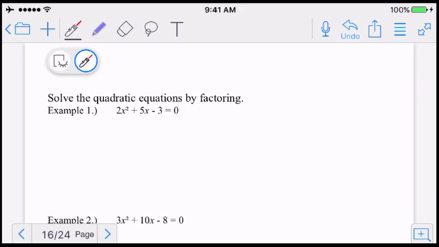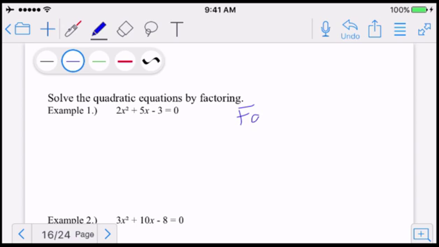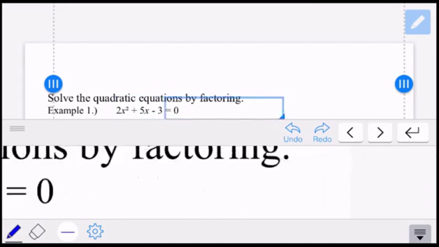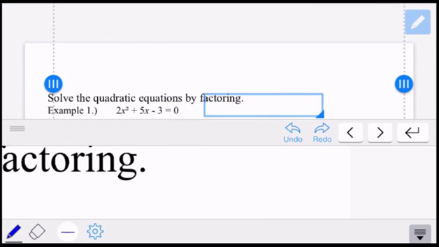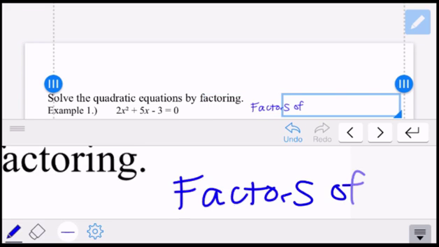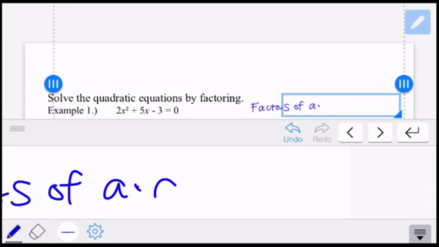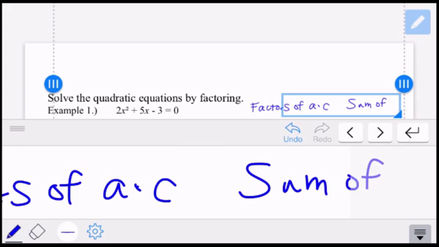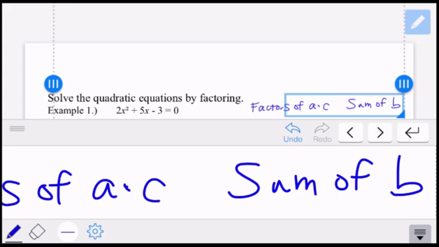So example 1, we did this one yesterday, but let's remember we wanted factors of a times c and that had a sum of b.